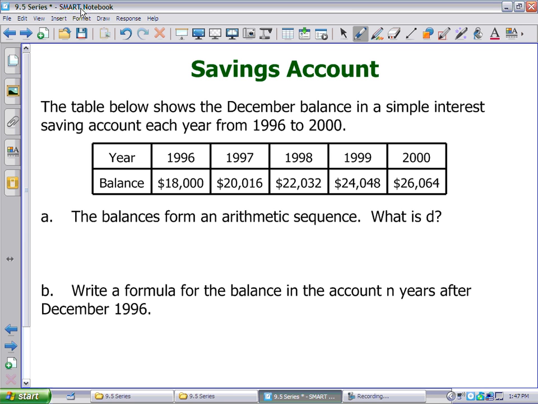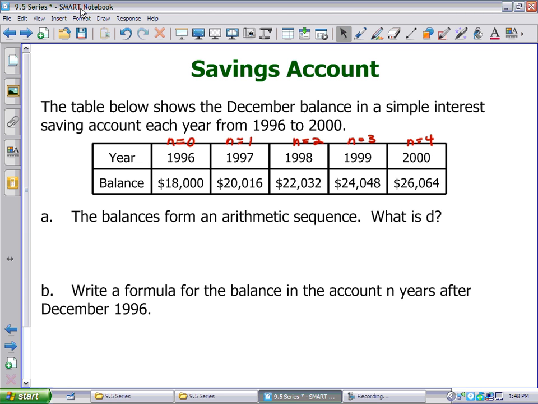And we're going to call time N. N equals 0 in 1996. So I'm just going to go ahead and label up above here. This is when N is 0, when N is 1, N is 2, N is 3, N is 4.